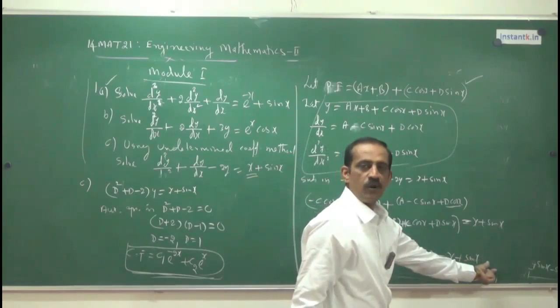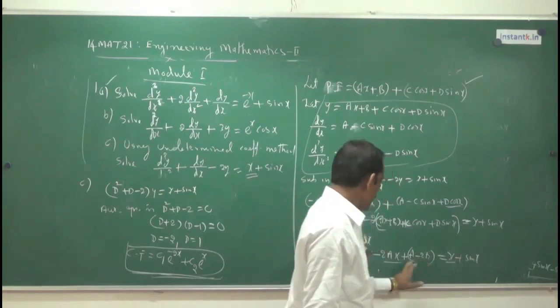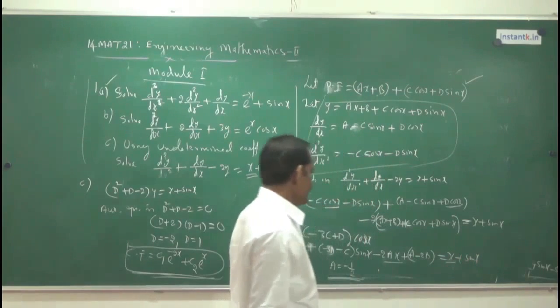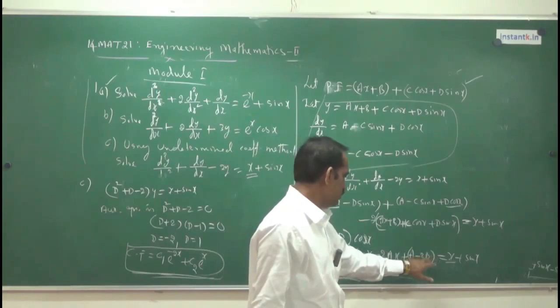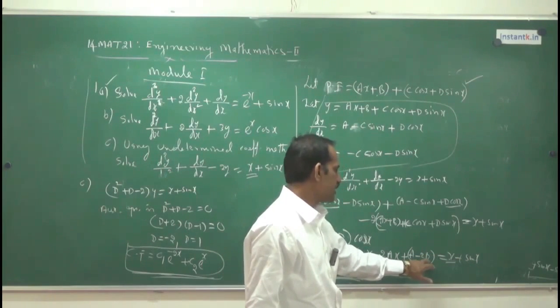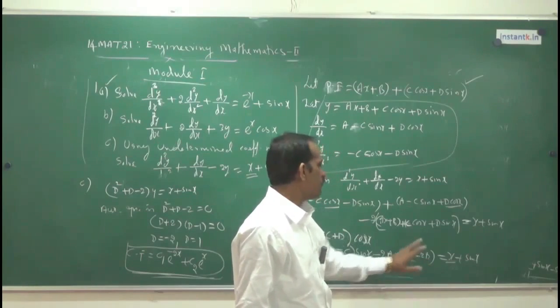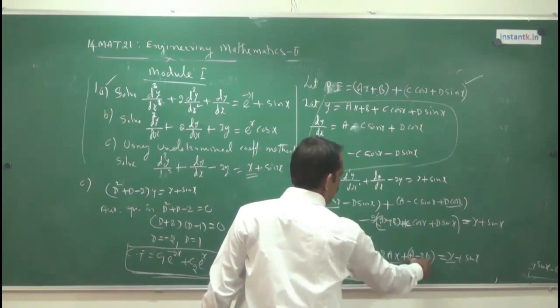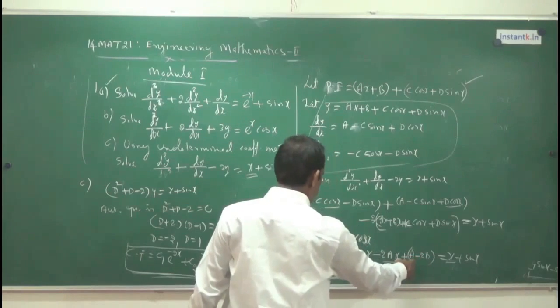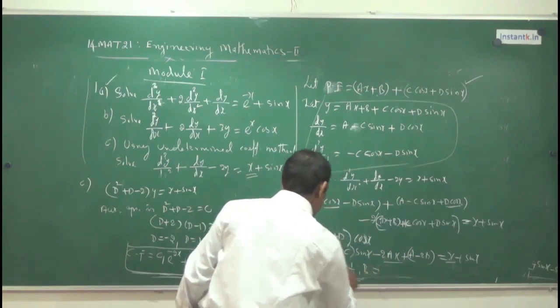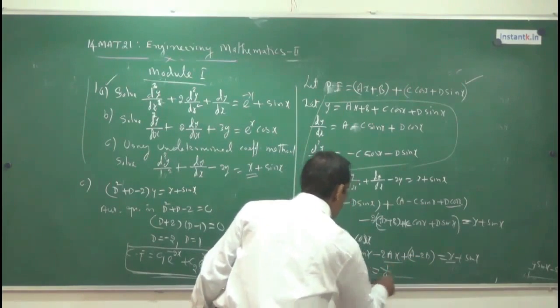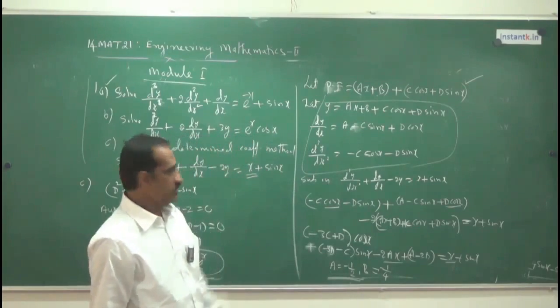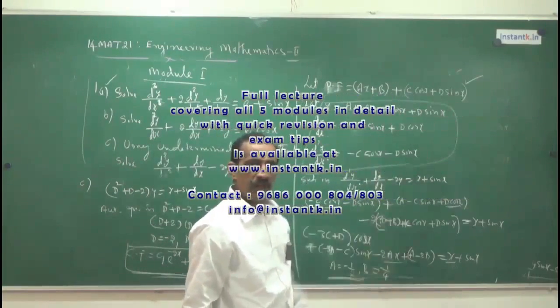Right hand side has no constant term, so it is 0. So a minus 2b is equal to 0, which means 2b is equal to a, b is equal to a by 2. So b equals minus 1 by 4. You know how to compare all this, we've seen earlier.